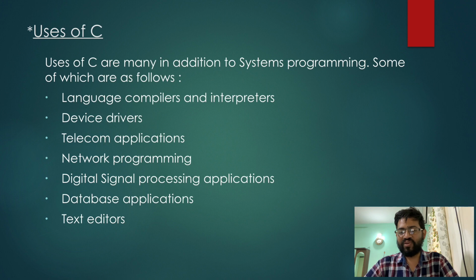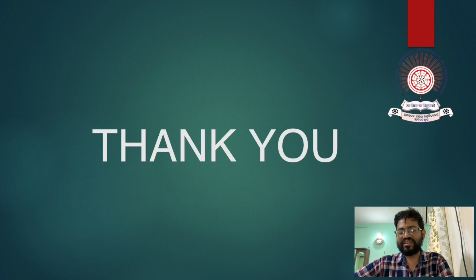Some of which are as follows: language compilers and interpreters, device drivers, which are mainly written in C, telecom applications, network programming, digital signal processing applications, database applications, and text editors. So these are a list of a few uses of C. There are other uses of C also which are not listed.